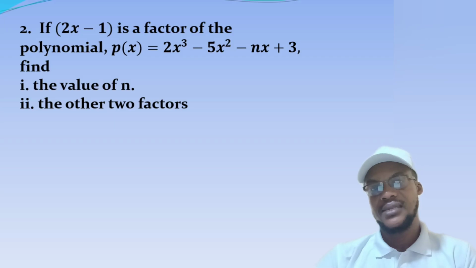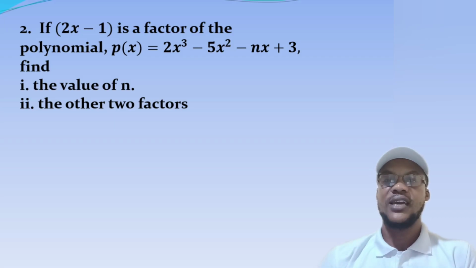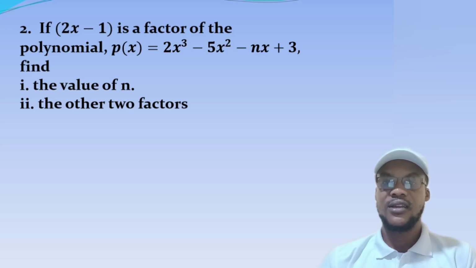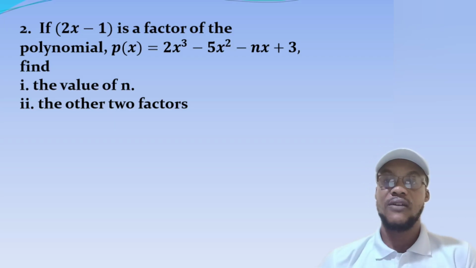So it means that 2x minus 1 is one of the factors of the polynomial given, and we also have to find the other two factors, meaning that we can have 3 factors, because if we are given one of the factors, then we can also have the other 2 factors.